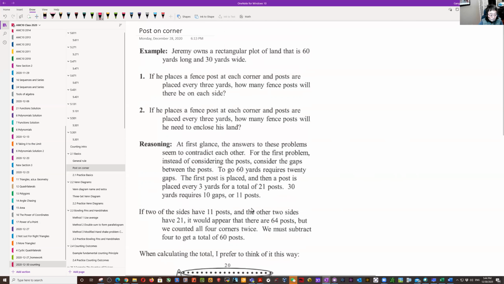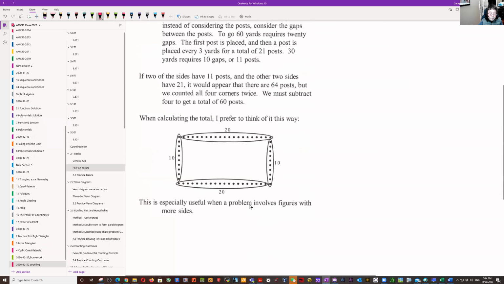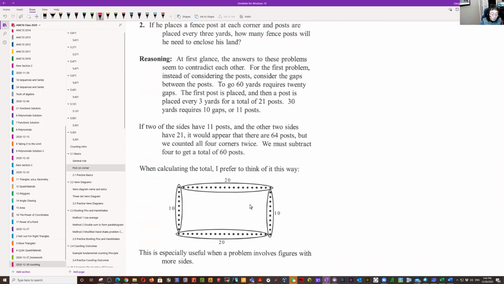And if you are doing the post counting, so this is the post, and post counting basically, the perimeter of the whole thing is actually 60, because this is 30 plus 30, so 60. The perimeter of this is 60.